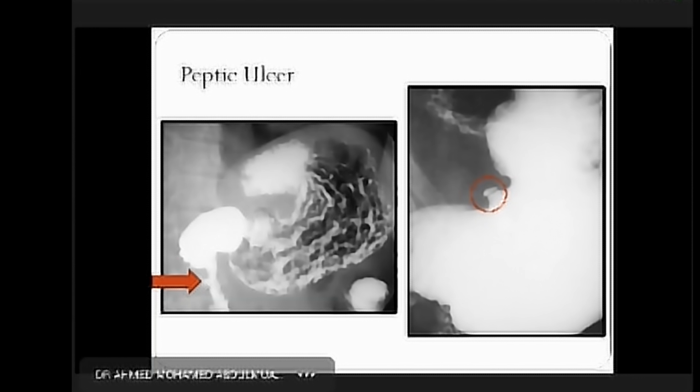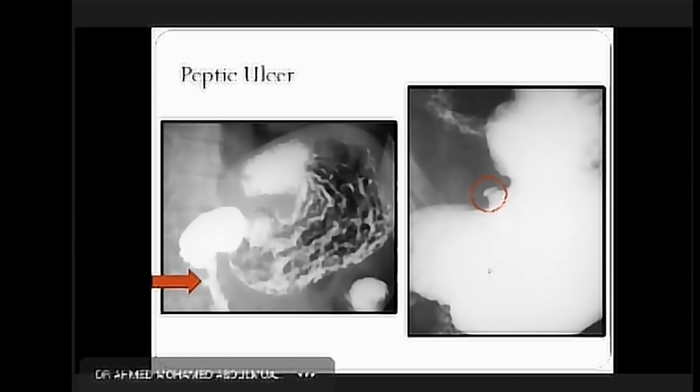Sometimes a double contrast barium meal can also make out what type of ulcer it is, whether a benign ulcer or a malignant ulcer. How do we see? When we see the mucosal folds radiating, smooth and thin, toward the ulcer area, in a double contrast barium meal, it is a benign ulcer.